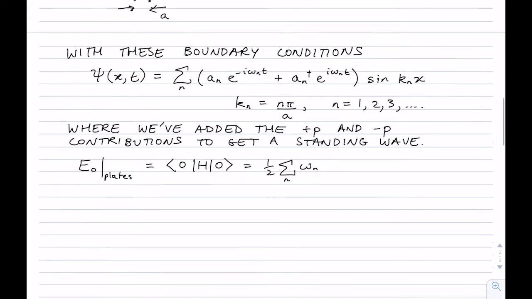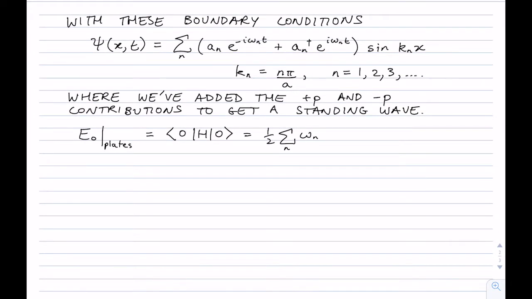Now it's a half times ω_n, where I would say that ω_n squared equals k_n squared plus m squared. And the reason why I'm using frequency rather than energy is because I'm about to lose the mass as well. And then it looks a little bit more natural to have frequency rather than energy, but it really doesn't make a difference. By the way, just pointing out, this is infinite. It's still infinite. It's discrete, but it's still infinite.